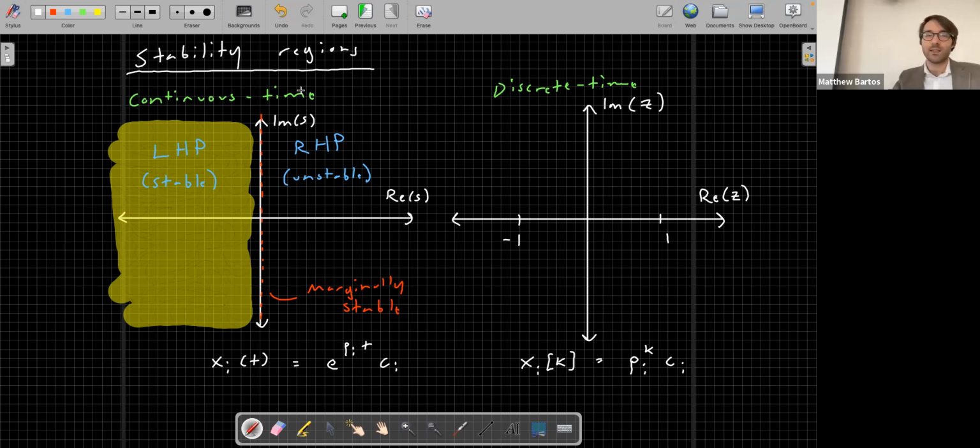We know that if the pole is outside of that region, the system's response is unstable. What about if p_i has an imaginary component? What if, for instance, p_i is 2 times the imaginary unit? Would that be stable or unstable?